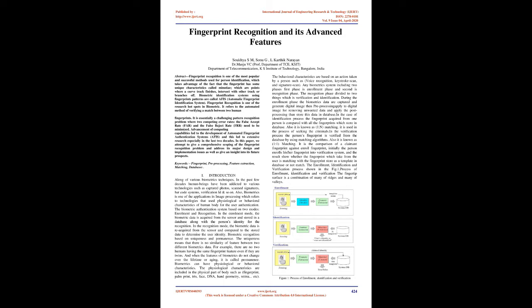Biometric recognition is based on uniqueness and permanence. Uniqueness means that there is no similarity of features between 2 different biometric data. For example, there are no 2 humans having the same fingerprint features, even if they are twins. And when the features of biometrics do not change over the lifetime or with aging, it is called permanence.